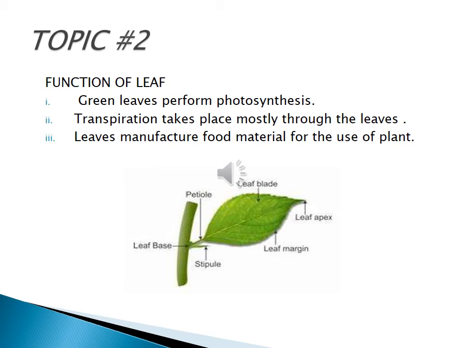Stomata help in the exchange of gases with the environment in photosynthesis. You know very well, carbon dioxide enters the leaf and oxygen is given out. Leaves are arranged on the stem in a specific way to absorb the maximum amount of sunlight for photosynthesis. Students, I hope you understand this topic.